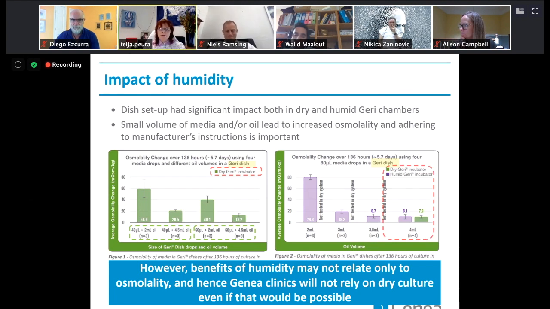And obviously osmolality is a big factor, but some of these studies had also used sequential media, where the media was changed frequently, meaning that osmolality alone couldn't be the factor for the beneficial outcome. So Genea clinics made the decision that they didn't want to do any dry culture, and because of the Cherry, they didn't have to. So we didn't actually do those culture experiments at the clinics.